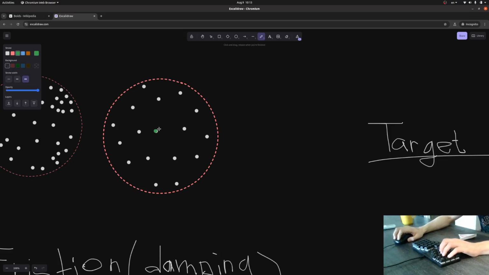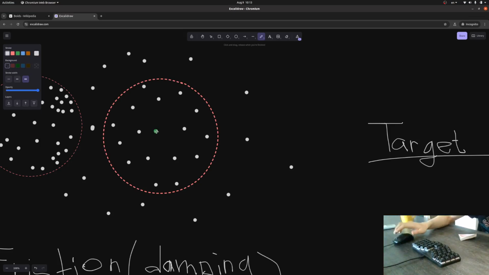But I don't like this idea, because imagine that we have many boids, a lot of boids, and the final vector will be just too smoothed, too averaged, because the final separation vector is just some sort of average of all the boids.